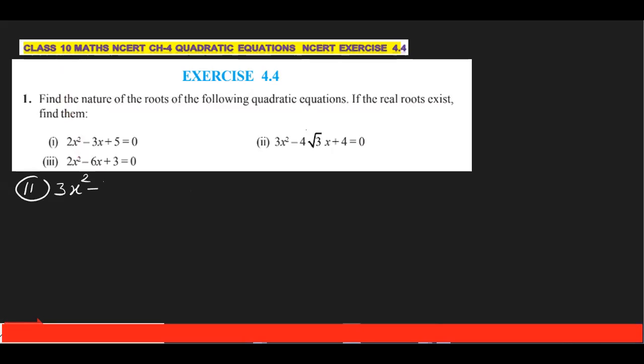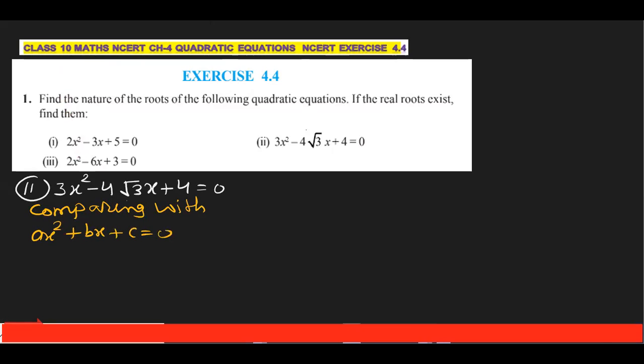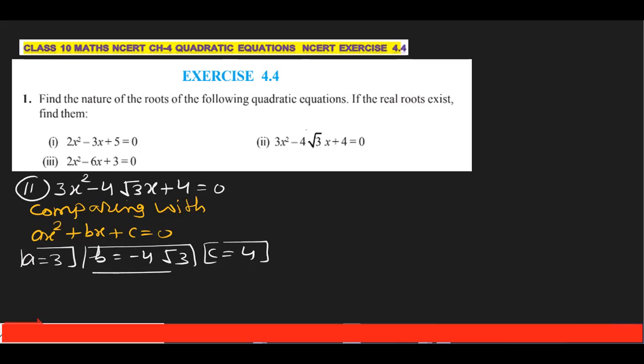3x square minus 4 root 3x plus 4 is equal to 0. Comparing with the standard form, that is ax square plus bx plus c is equal to 0, we have a is 3, b is minus 4 root 3, and c is 4.